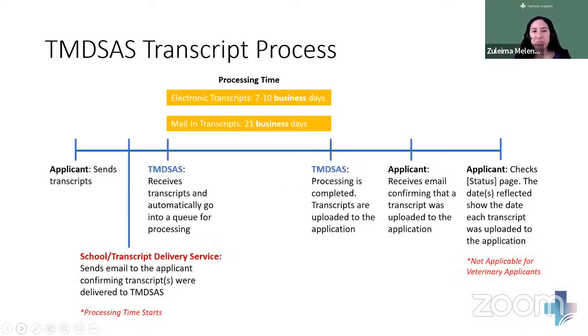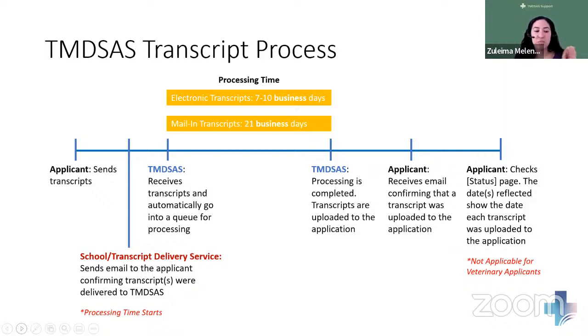So this is what our transcript process looks like. It'll start off with you, the applicant, receiving the email request to send in your transcripts. And so you fill out the transcript request form. You either send it to your school's registrar's office and ask that it be attached to your transcripts, or you contact the transcript delivery service, upload your transcript request form as an attachment, and then it gets sent off to TMDSAS.